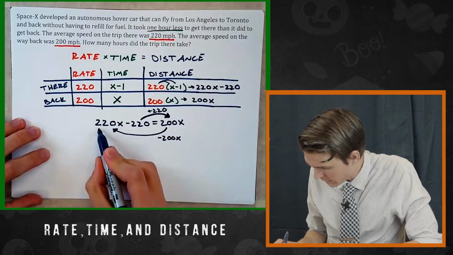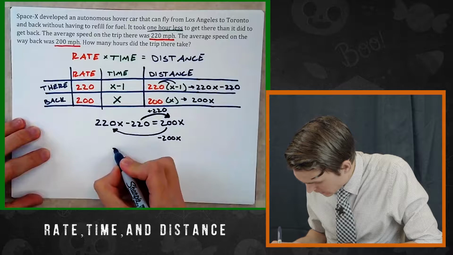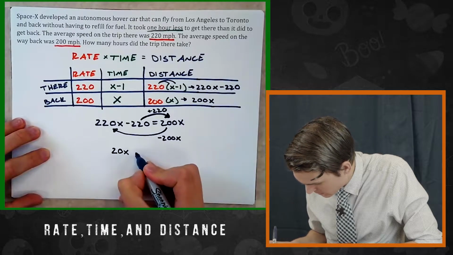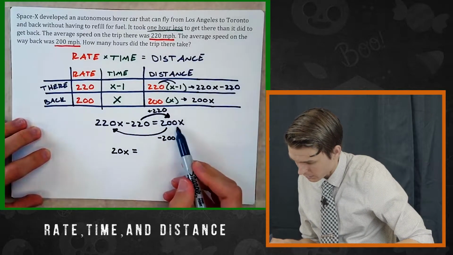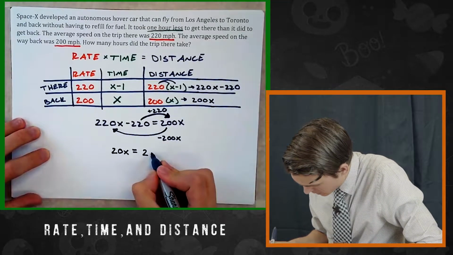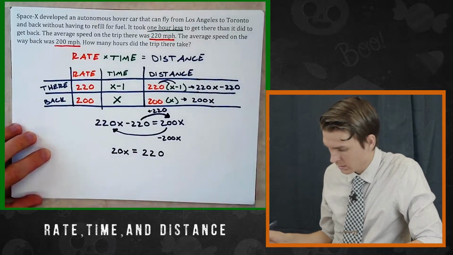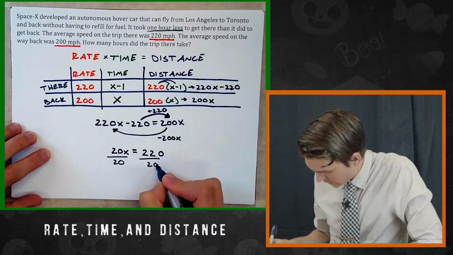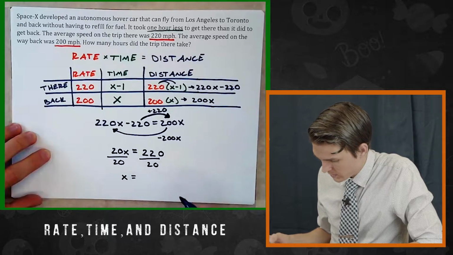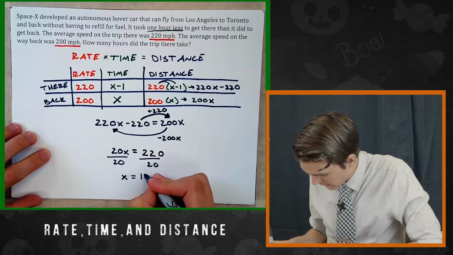So 220x minus 200x leaves me with 20x. And adding over this 220, there was nothing else over here, so I just have a positive 220. And now I can divide by 20 to get x equals, if my math is right, 11.